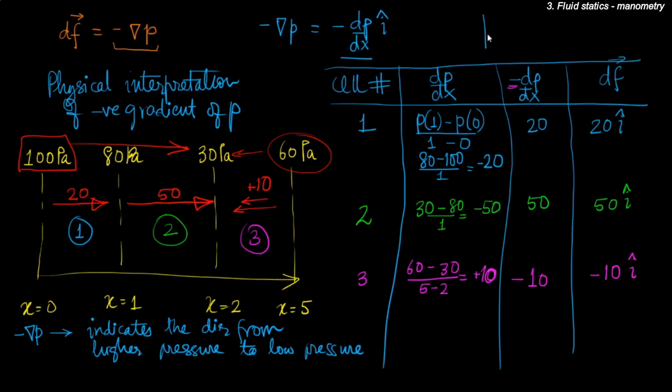So if you consider a piece of paper, like this isometric view, if you blow on the paper from this direction, essentially you are creating a higher pressure over here and lower pressure over here, which causes the paper to flap in this direction. So it is the indication of the direction of the force acting on the fluid element.